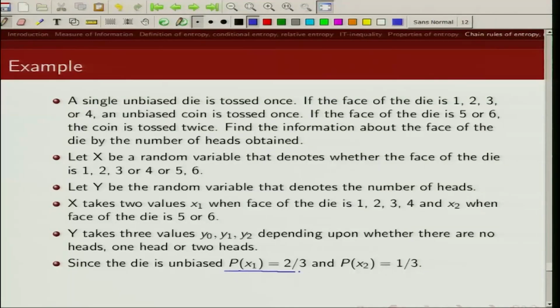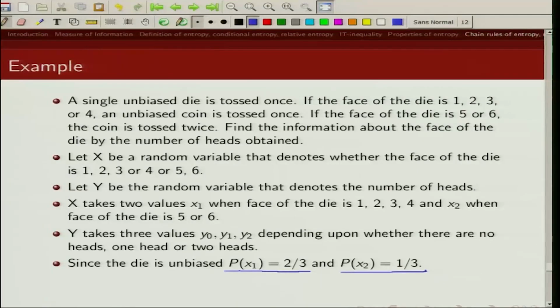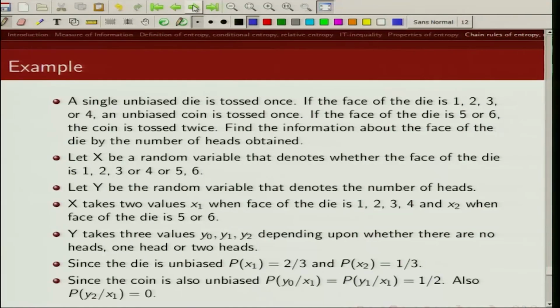As I have already mentioned, the probability of getting x1, which is getting a face of 1, 2, 3, 4, is 2 by 3 because it is a fair dice, and the probability of getting 5 or 6 is 1 by 3. Similarly, if I get x1, which is a face value of 1, 2, 3, 4, I am tossing the coin once.